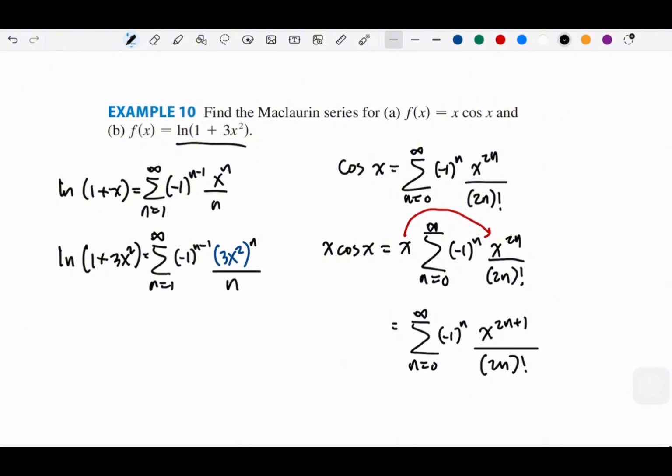Okay, basically that's it. Or if you want to simplify, this can be done: 3 with power of n, and then x with power of 2n over n. Okay. So this is simply how to write a new Maclaurin or Taylor series from the reference.